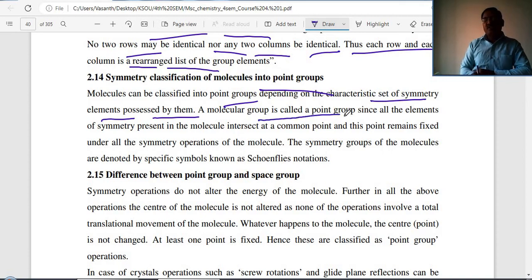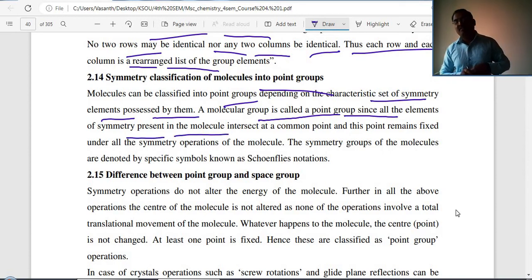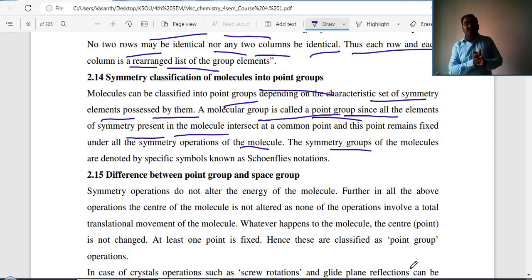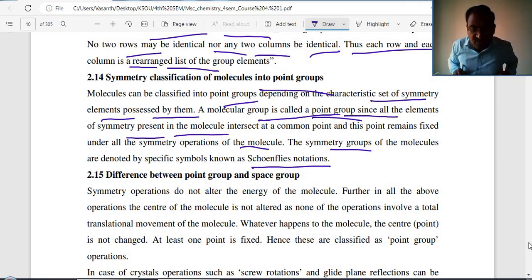The molecular group is also called a point group since all the elements of symmetry present in the molecule intersect at a common point, and this remains fixed under all the symmetry operations of the molecule. The symmetry groups of the molecule are denoted by specific symbols known as the Schoenflies notation.